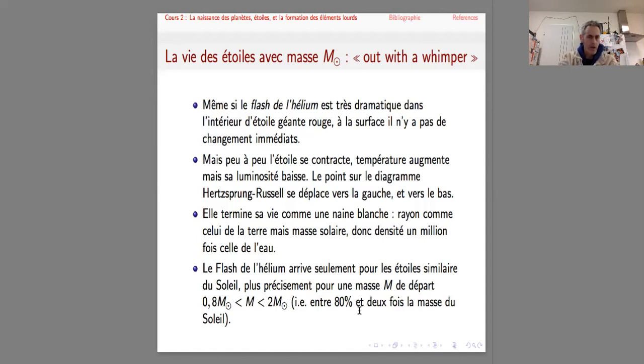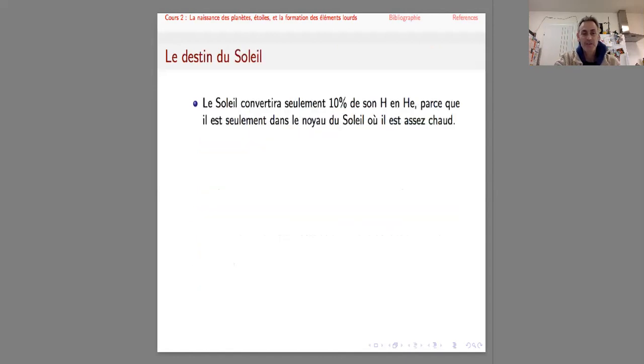So the helium flash does not take place. But if your mass is above 2 times the solar mass, then things are more complicated and other processes intervene. We can only discuss some of the astrophysics here. We can't cover it all, unfortunately.